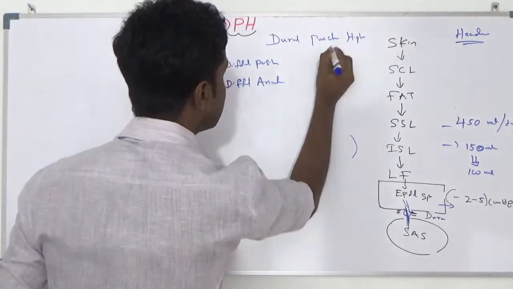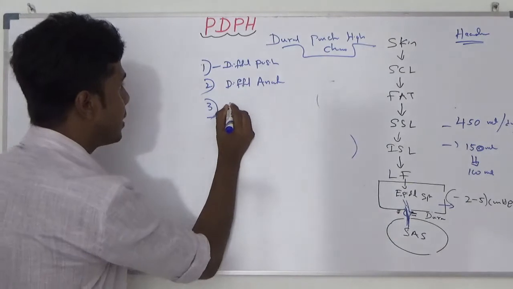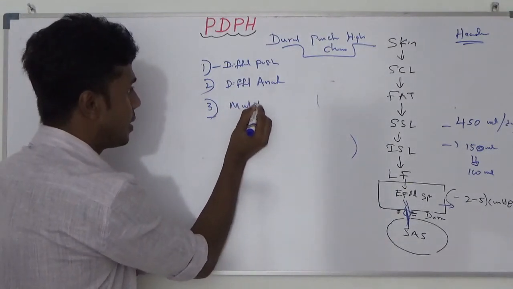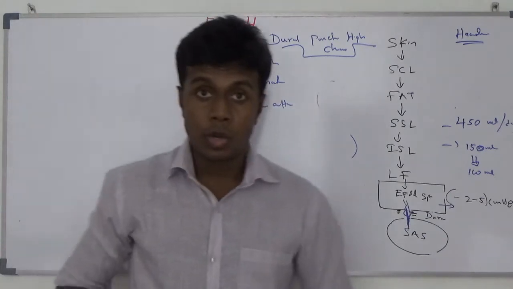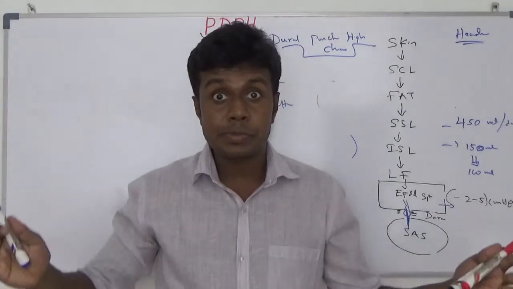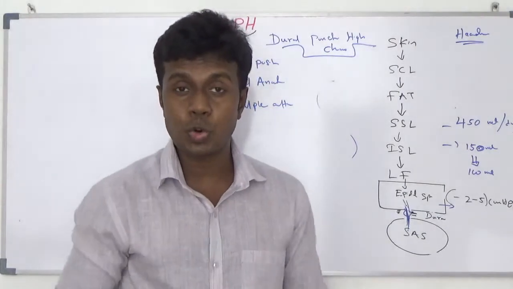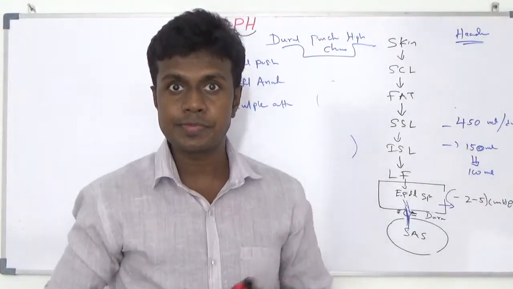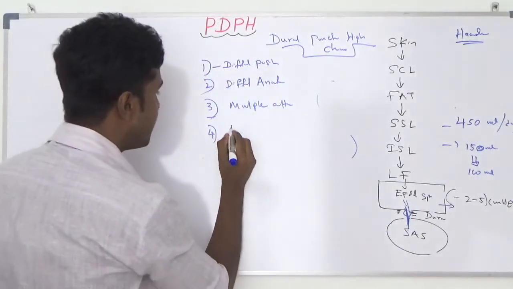Number 4: high BMI, obese patients. Landmarks are difficult, sometimes the tissue is also not that stretchy, so you can easily damage your dura. So high BMI.